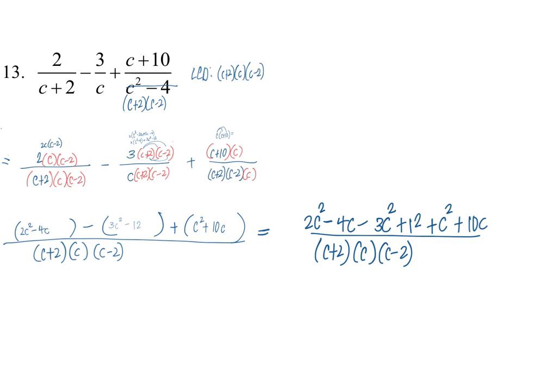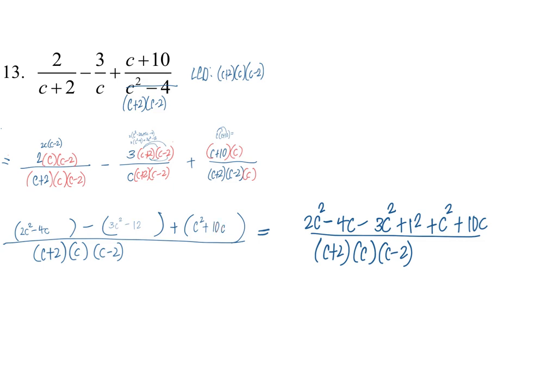The 2C squared minus 4C didn't necessarily need them at all, so I left that as it was, but I had to distribute a negative to the 3C squared and to the negative 12 to get negative 3C squared and a positive 12 right here. And then this was positive 1, so that C squared plus 10C stayed the same.